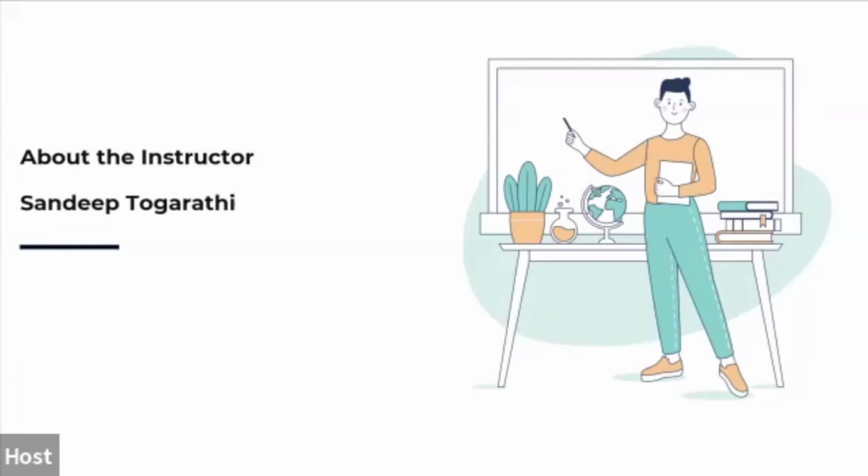Okay, so this is me. I'm Sandeep Togarati. I work as a director for a company, and I've trained more than 2,500 people till now. I was a pilot back then, and I was a dropout while I was flying. I used to work for a company called Kingfisher, and I didn't know what to do, so I came back to India.